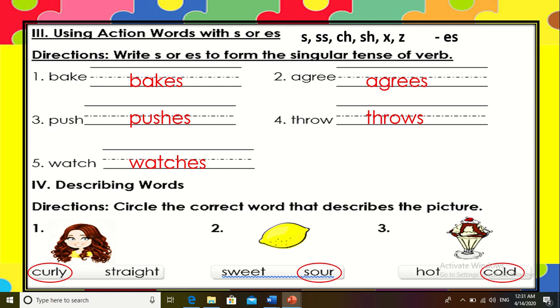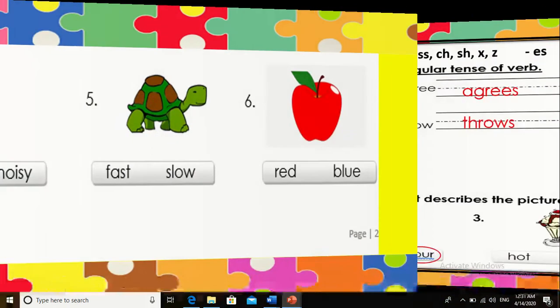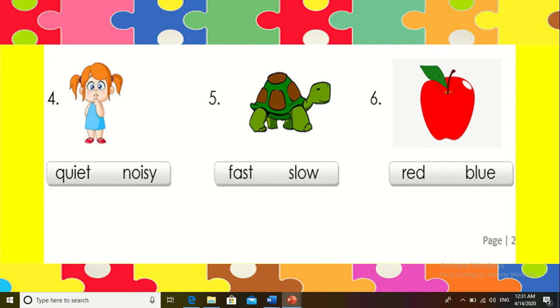Very good. Now, on page 2, numbers 4 to 6, let me help you in reading those adjectives and please circle the correct answer. Number 4, look at this girl. Quiet or noisy?